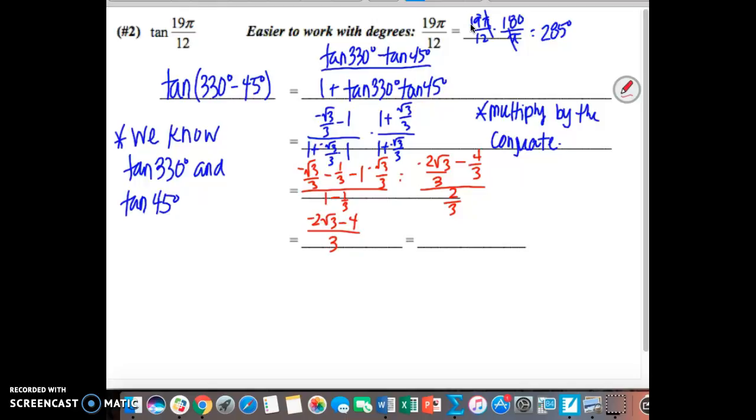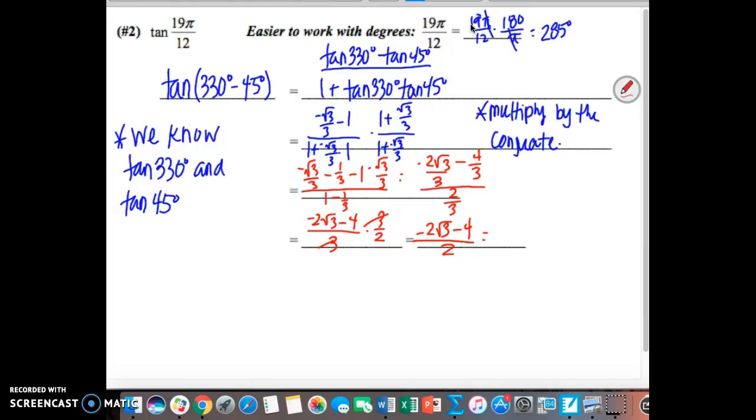And dividing by 2/3 is the same thing as multiplying by the reciprocal, which would be multiplying by 3 over 2. Then you can notice that our 3's will cancel, and we are just left with negative 2 times the square root of 3 minus 4, all divided by 2.